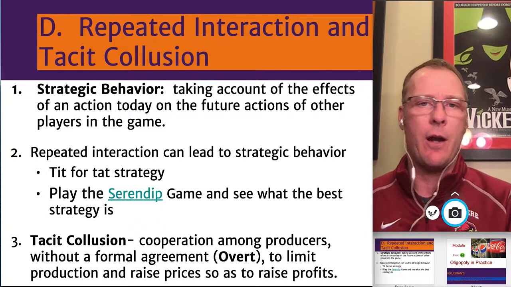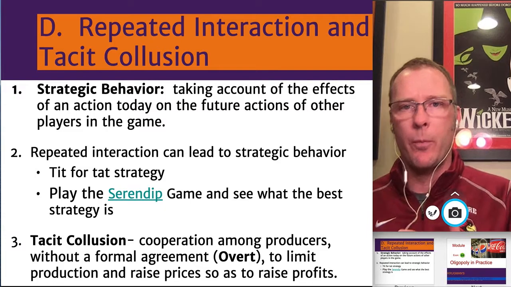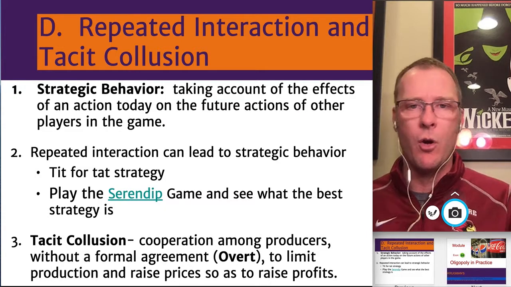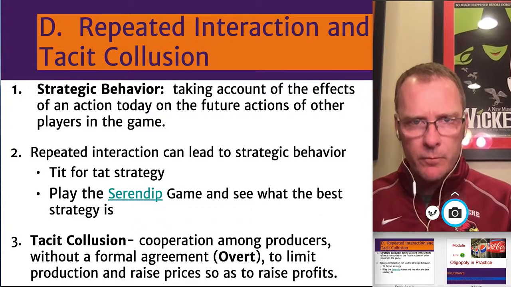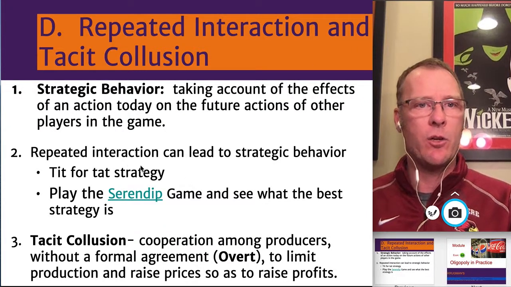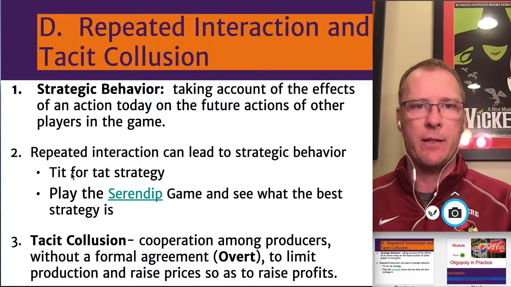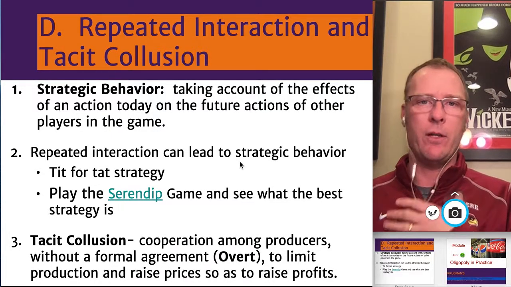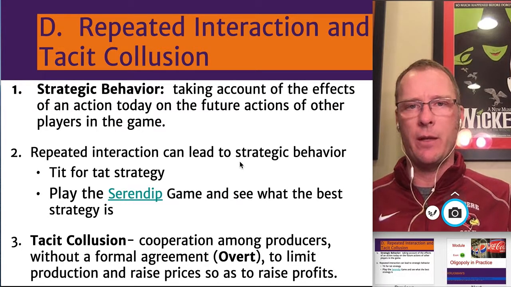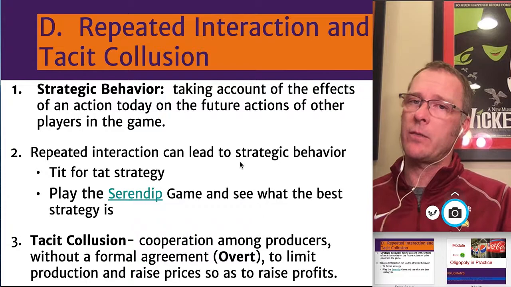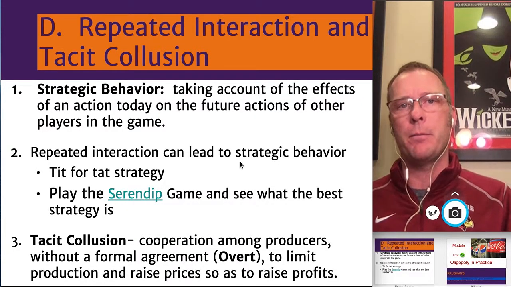You're not going anywhere. So is it okay to screw the other person over, or because you know you're going to play this person over and over again, is there a better solution? This repeated interaction is called a tit for tat strategy. Tit for tat means whatever you do to me, I'm going to do back to you. If you do something nice for me, then I'm probably going to do something nice for you. But if you're mean to me, then I'm going to be mean back.